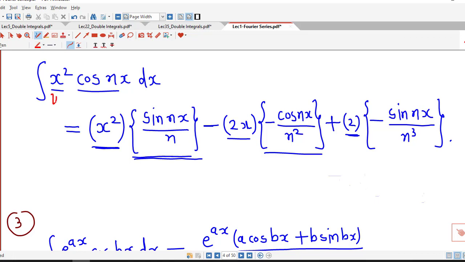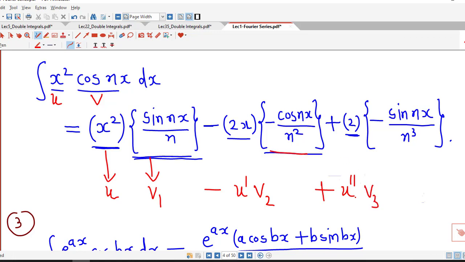We again recall this function was u, this is v. So here u as it is, integral of v which is v1, minus derivative of u which is u dash, integral of v1 which is v2, plus derivative of u dash which is u double dash, integral of v2 which is v3.